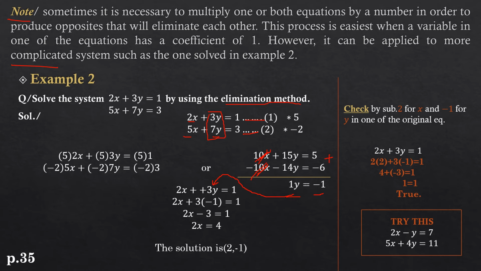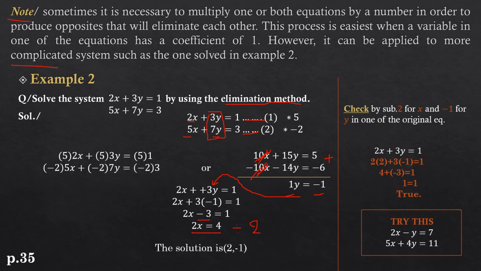2x plus 3y equals 1. So 2x plus 3 times negative 1, which is negative 3, equals 1. 2x equals 4. So divide 2x equals 4 by 2. Why 2?